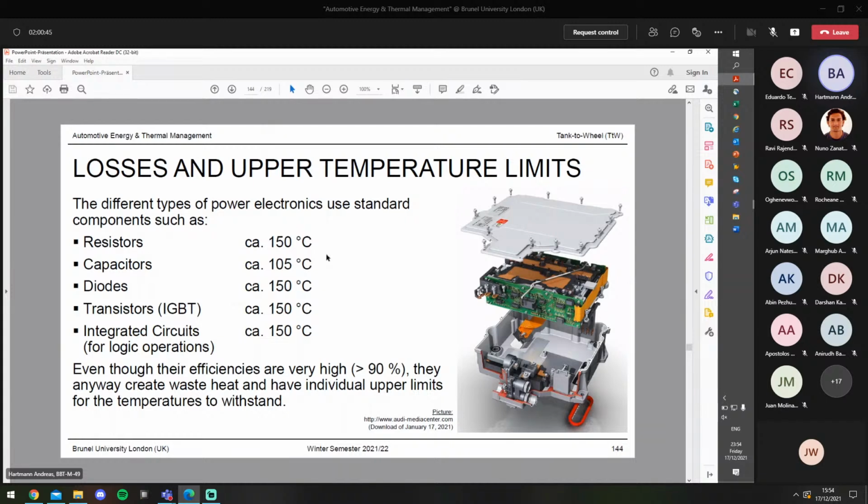So for the power electronics, you use different electronic devices: resistors, capacitors, diodes, transistors, integrated circuits for logic operations, and all of them have upper temperature limits of between 105 and 150 degrees Celsius, and in order to not exceed them, you need to cool these components.